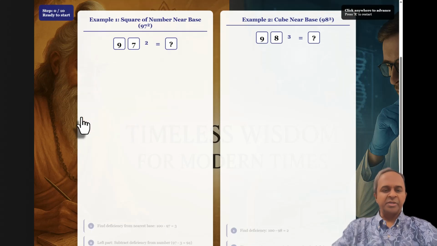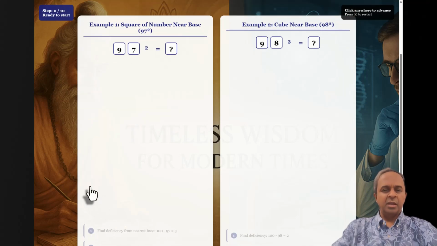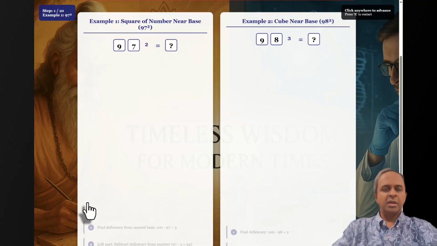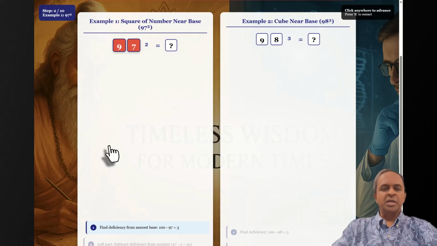The first step is to find the deficiency from the nearest base. 97 is under the nearest base, 100. So that means it's 100 minus 97, which is 3.